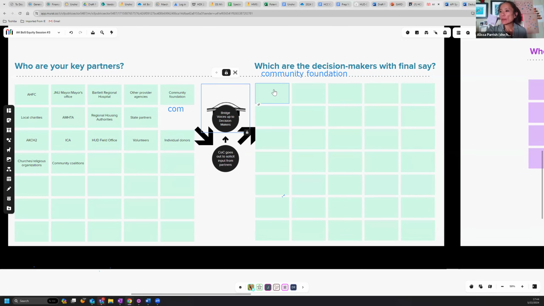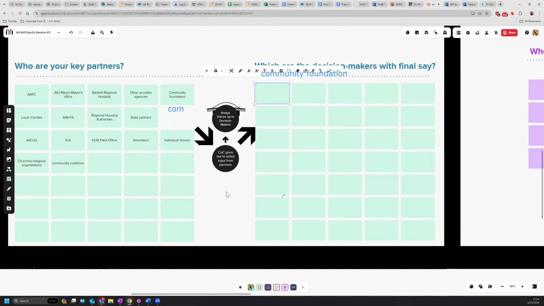Which are the decision makers with the final say? So when it comes to funding, who makes the final decision? HUD. Do they though?